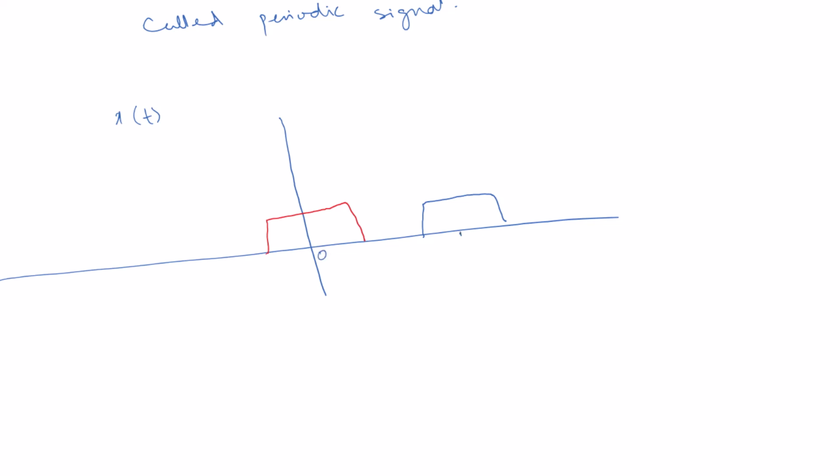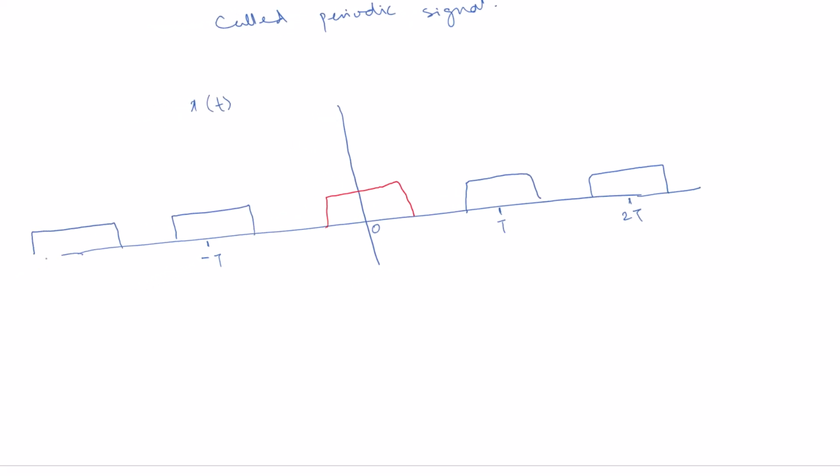The time period will again be the same, capital T. Let's draw another at 2T. Similarly, we have a copy of the same signal at minus T and minus 2T. So this is our x(t). Now check whether x(t) is periodic or aperiodic.